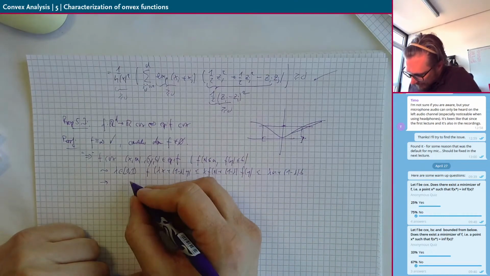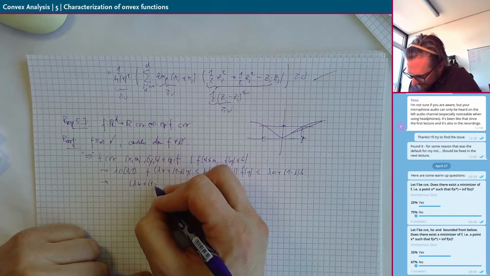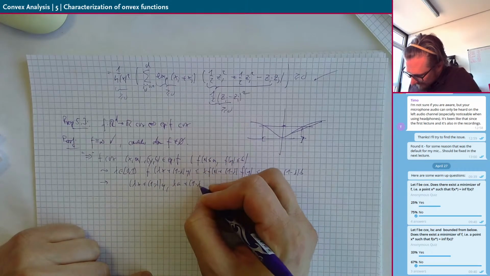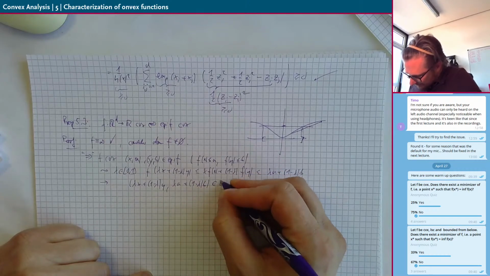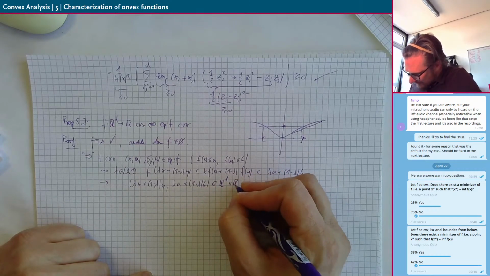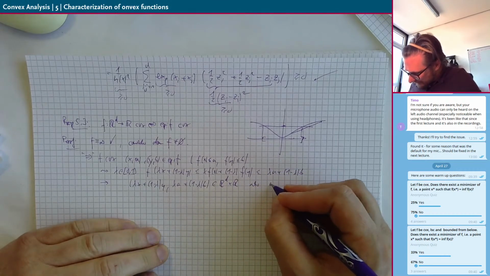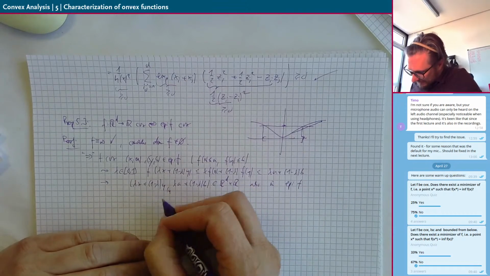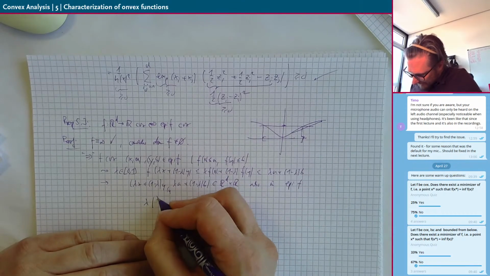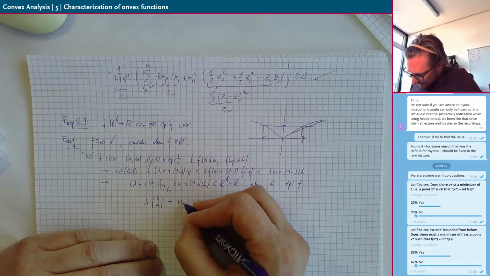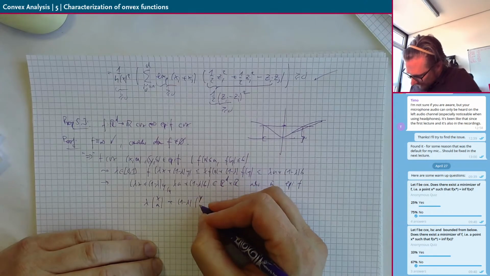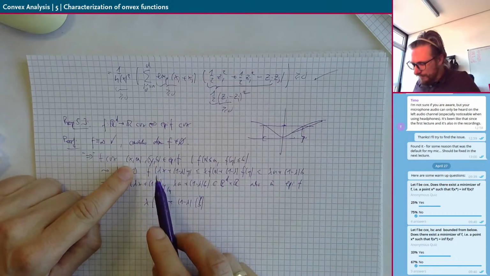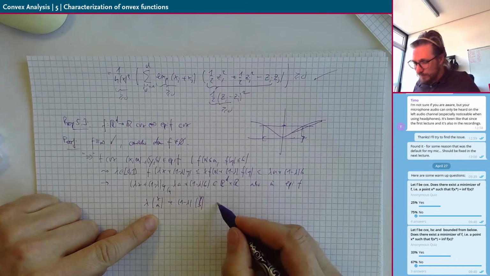So the pair lambda x plus 1 minus lambda y and lambda a plus 1 minus lambda b, which is now in Rd times R, is also in the epigraph of f. If you have a closer look, this is actually the convex combination lambda times the vector x and a plus 1 minus lambda the vector y and b. So we have these 2 points in the epigraph, and then the convex combination is in the epigraph as well, and that was that.